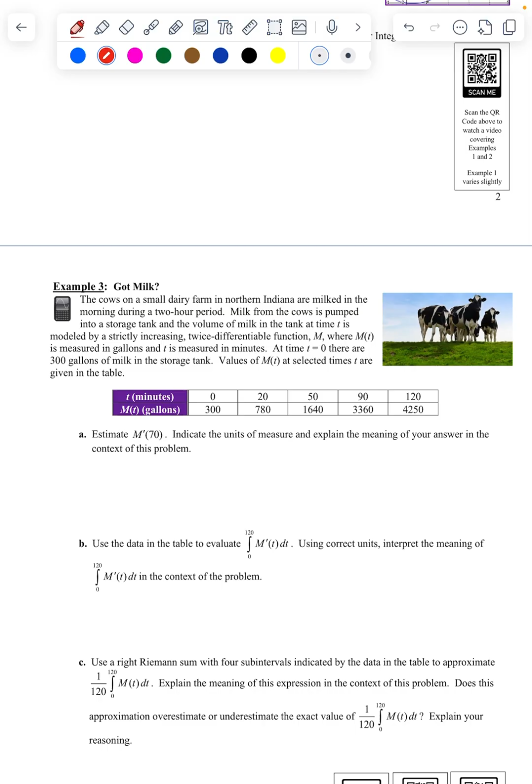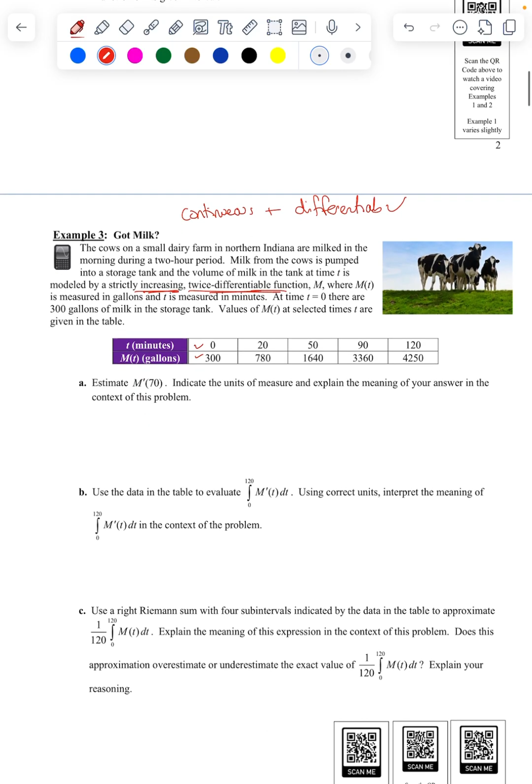So that basically tells us that the function is continuous and differentiable. m of t is measured in gallons and t is measured in minutes. At time t equals 0, there are 300 gallons of milk in storage. Values at selected times of t are given in the table.